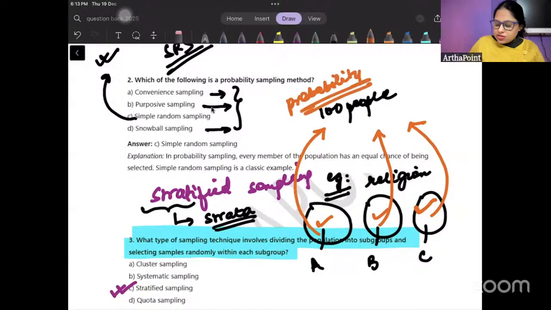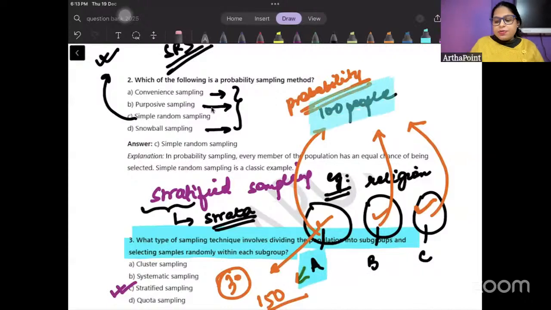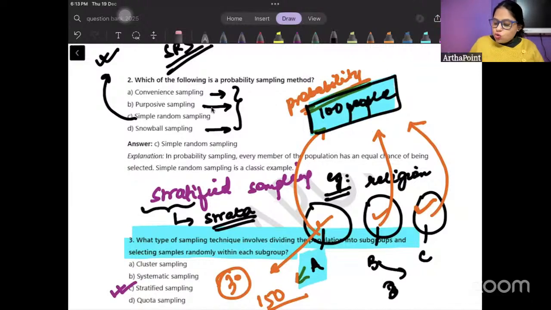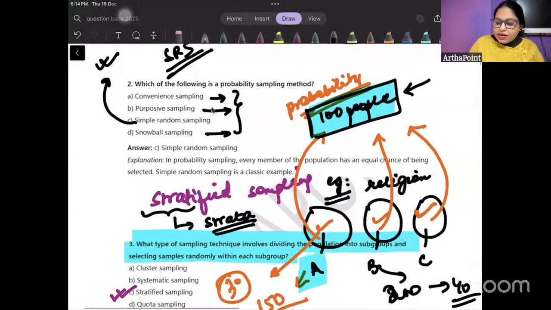Suppose religion A has 150 people and I need to select 30. Probability is involved, but religion A is represented among these 100 people. Similarly, suppose B has 200 people and we select 40; any 40 out of 200, but we ensure that religion B is also part of the sample.